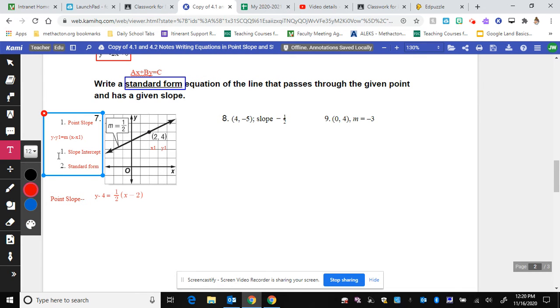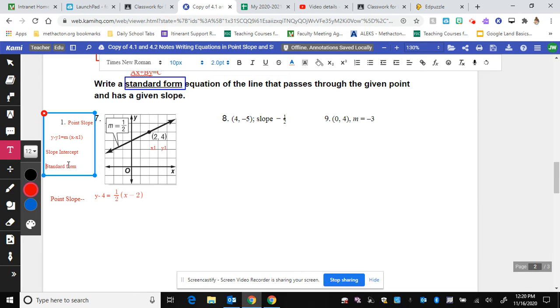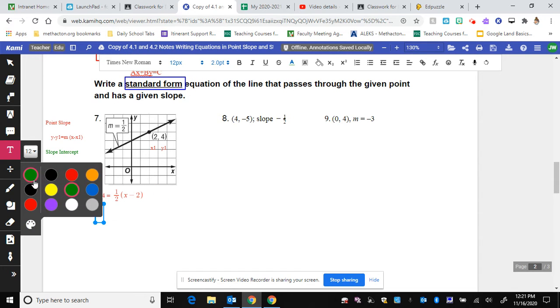Now I need to go to step 2. I'm going to change my numbers here. So now I want to go to slope intercept. So if I go to slope intercept, now I'm going to the second step here, which means I need to distribute and I need to simplify. So my first thing I'm going to do is distribute my 1/2.